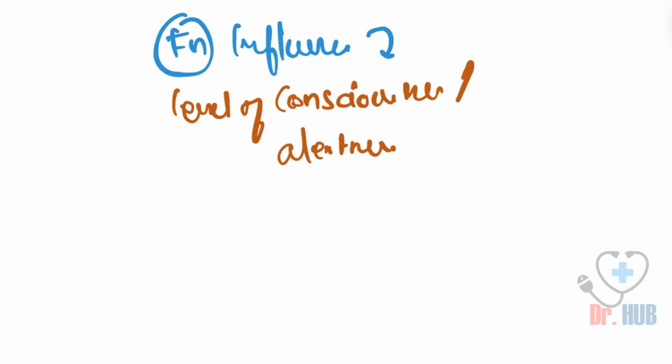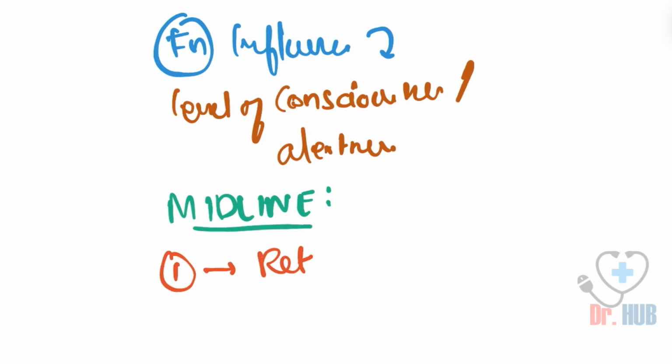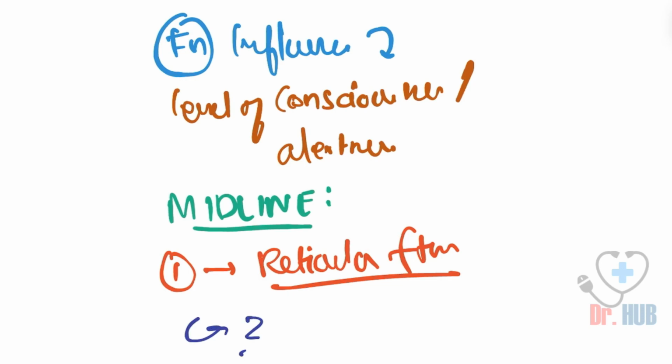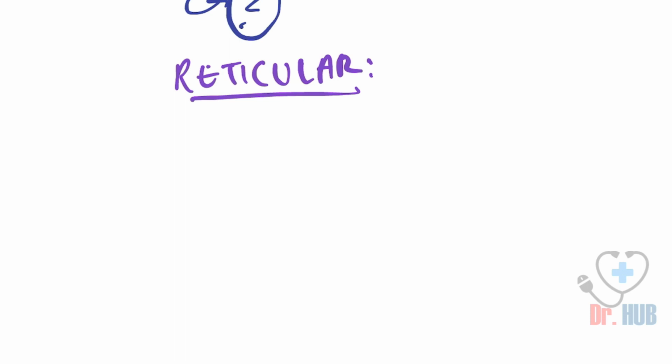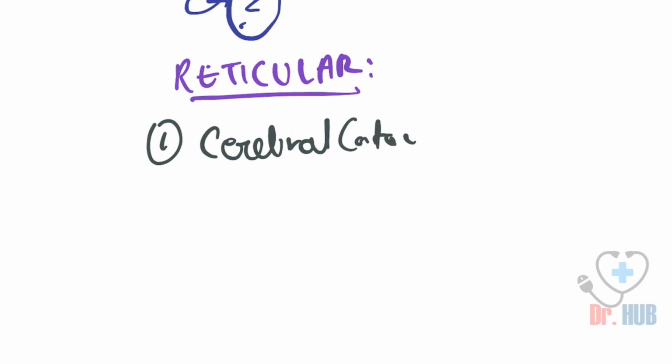Then we move on to the midline. Under the midline, the input is from the reticular formation. The output and the function remain unknown. Then we look at the reticular nucleus. The input comes from the cerebral cortex and the reticular formation.